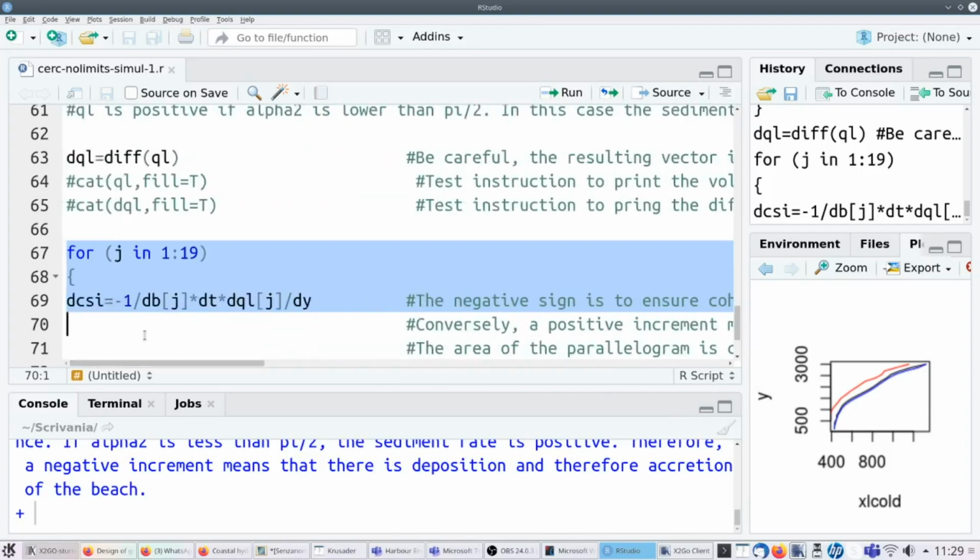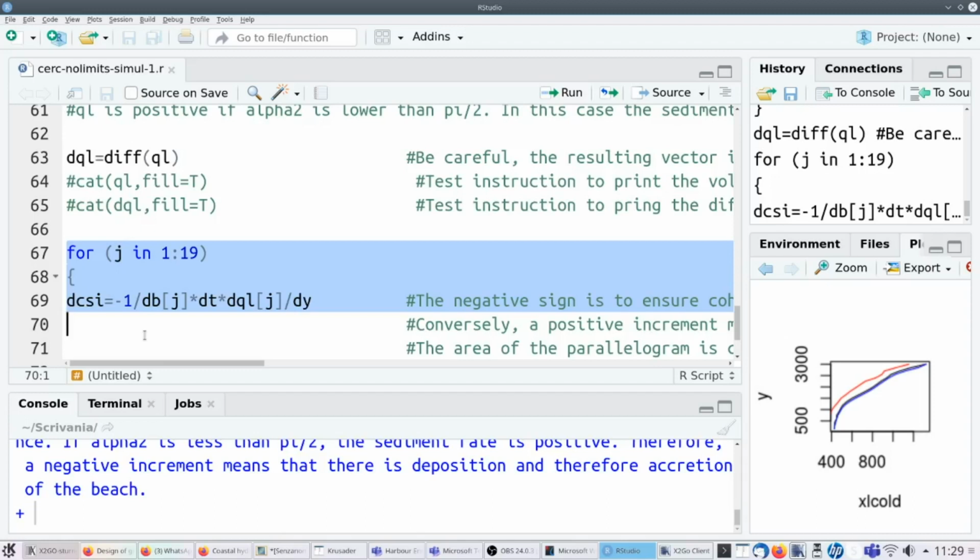So if you move in this exercise along the coastline from the left to the right, a negative increment means that there is deposition. If you have a decrease in sediment transport, it means that there is deposition in the considered spatial step.